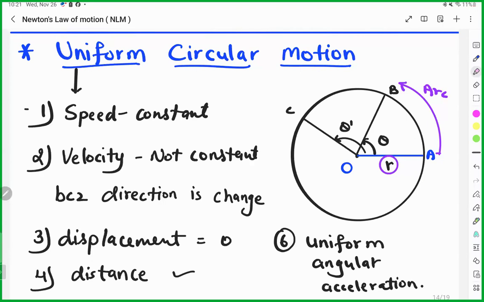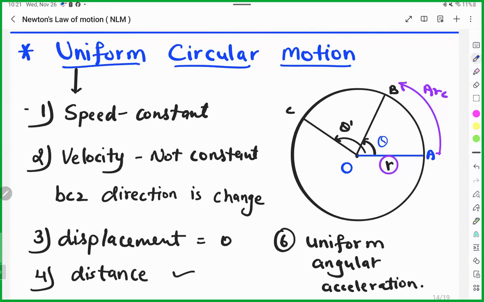We will consider the angle, the angular displacement.